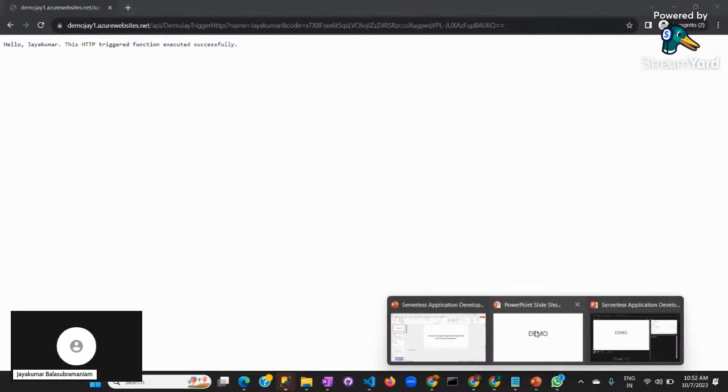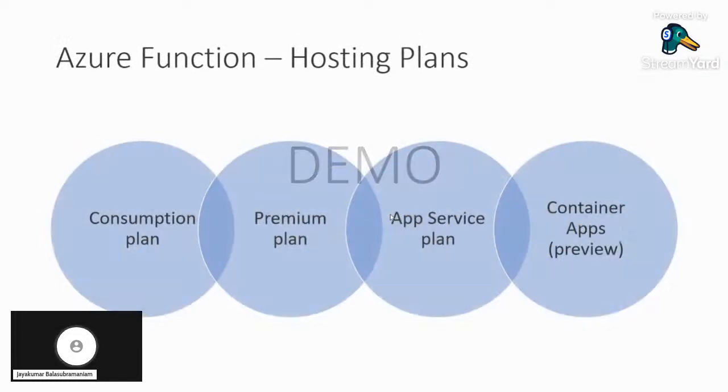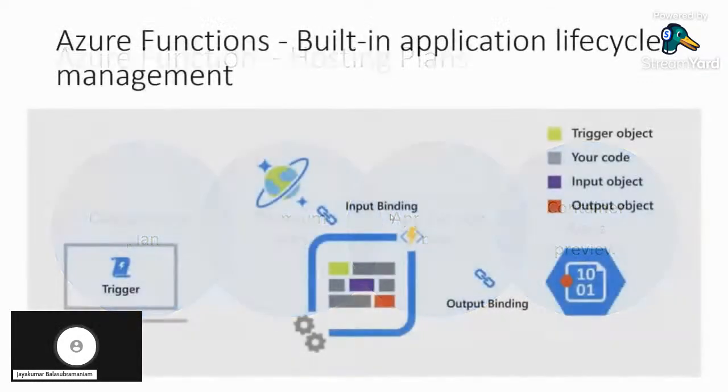We have covered some of the options about hosting, what the different hosting plans available are, what triggers and bindings are, and how you can do the deployment as well. So that's it for today. Hope you get a better idea about what serverless is and what Azure Functions are, and how we can do the development and deployment.